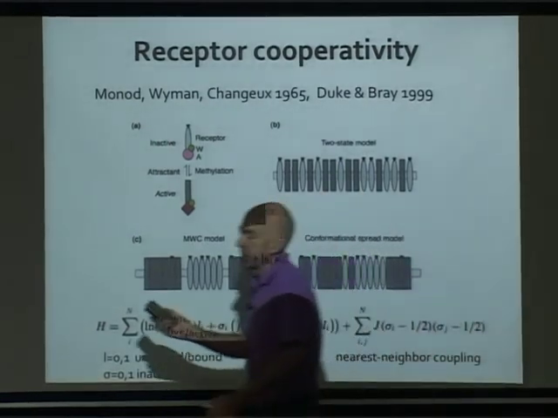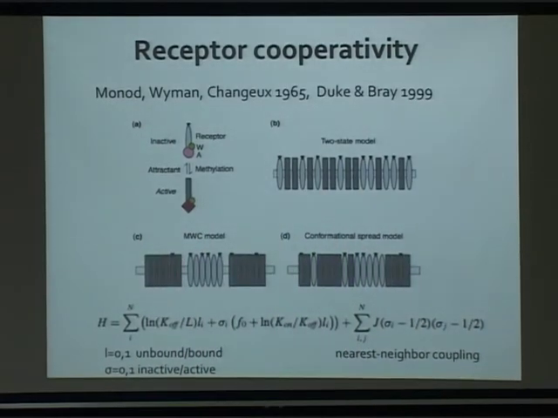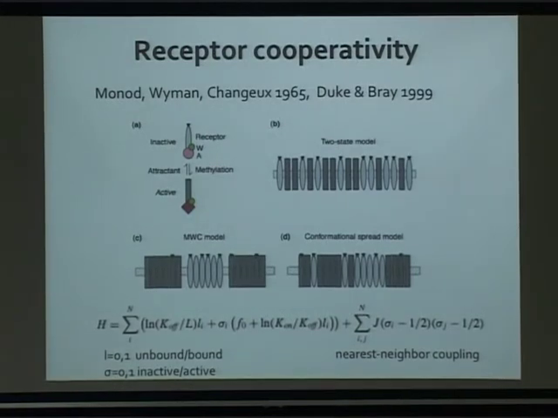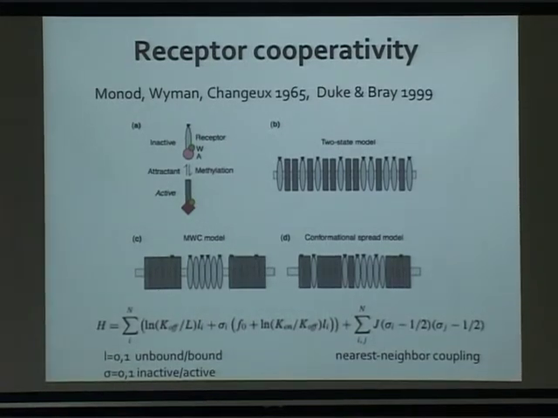As a very simple biochemical description, which might be more obvious to you. And actually, this was the way that it was historically introduced by Monod and co-workers. So you may have your protein or your receptor cluster in two possible states, either inactive or active.